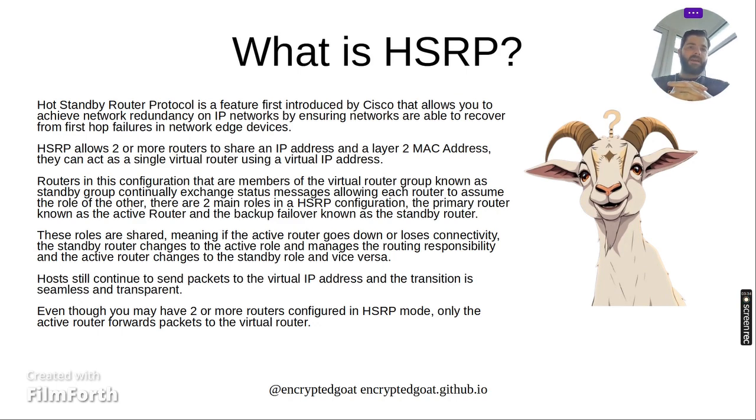You could have a router set up in HSRP as active, and then have purchased two more routers in standby mode, but they're not going to get utilized all that much. They're just there for failover. So it's about weighing up the pros and cons in that design. It just depends on your scenario.